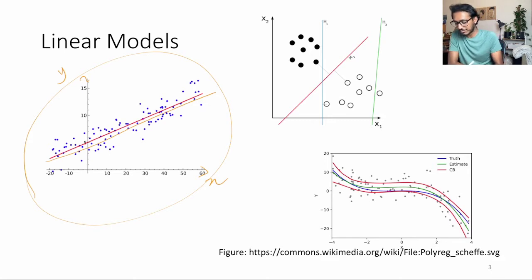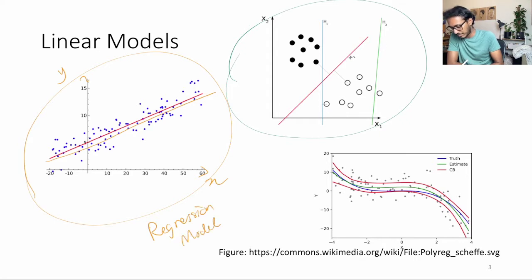Then we have another linear model here, which is a linear classifier. The previous one was a linear regression, and here we have a linear classifier. What we are trying to do is find a line to segment our observations into two classes.